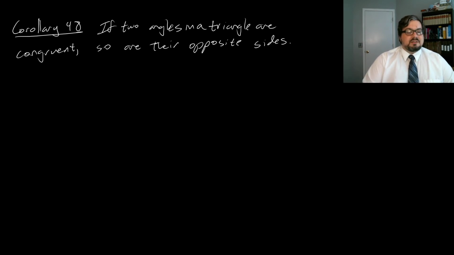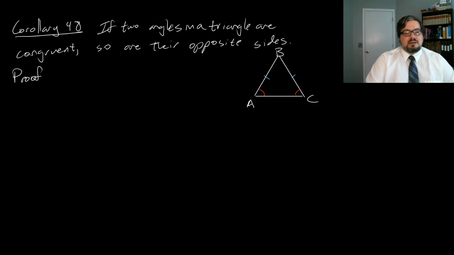So this is going to follow a very similar argument to what we had before for the isosceles triangle theorem. If we know that these two angles are congruent, we want to show that the sides opposite them are congruent.